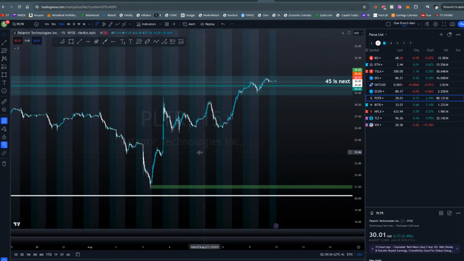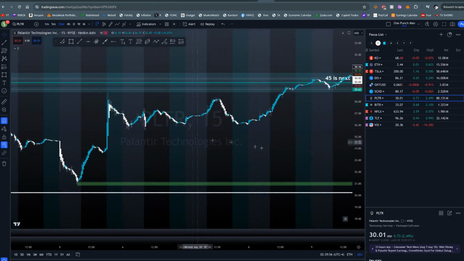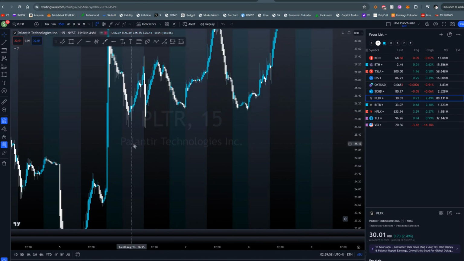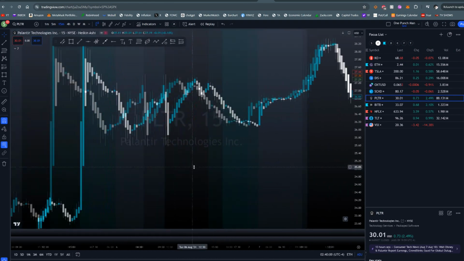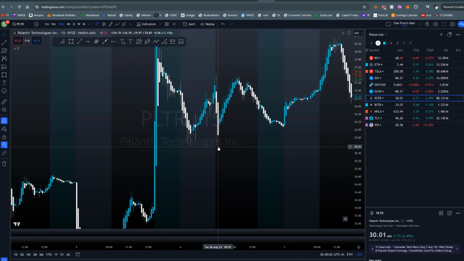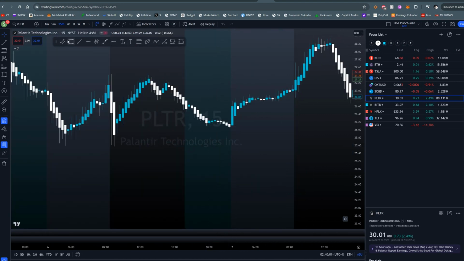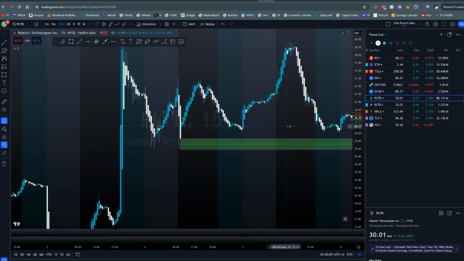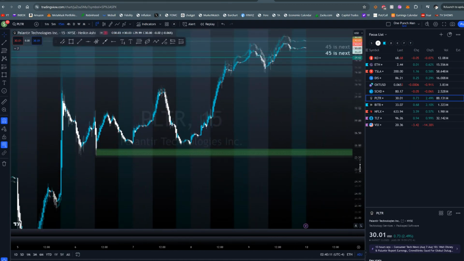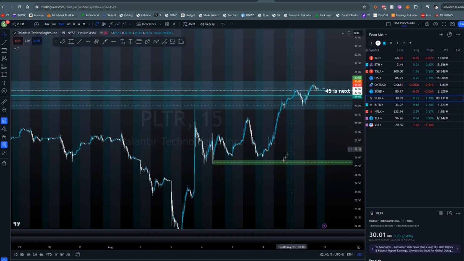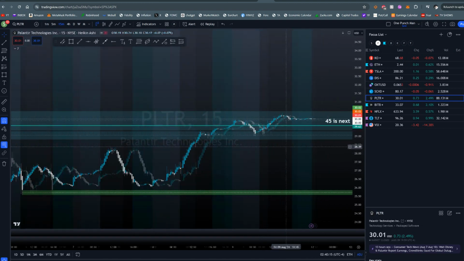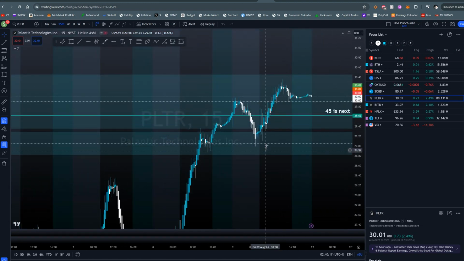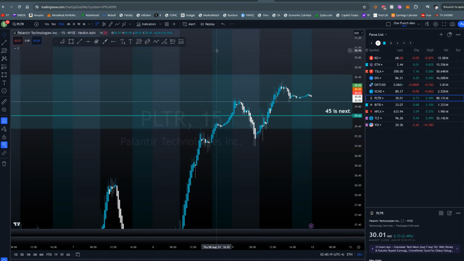Yeah, I know it might not come back down to it, but if I'm being picky, like I really want to get in, I'll find another one, which is the lowest one, which is this one right here, and I'll go like this right here, and then I'll wait and wait for a pullback down to here. And again, it's the same thing here. I'll delete this right here because this has been destroyed.